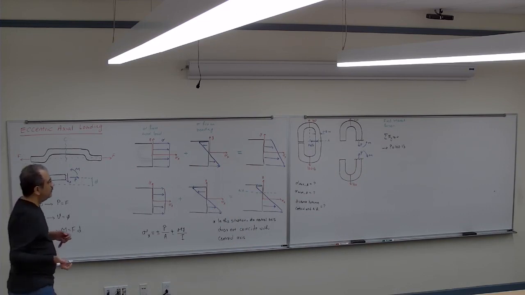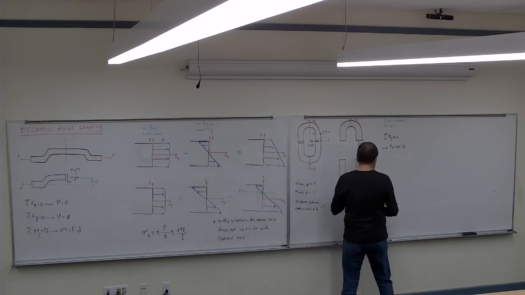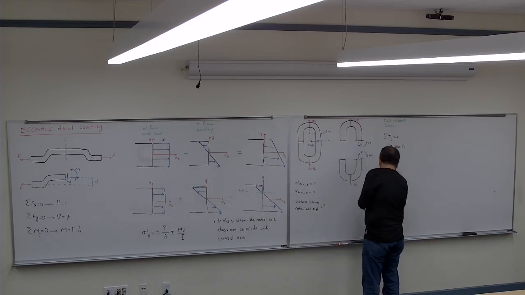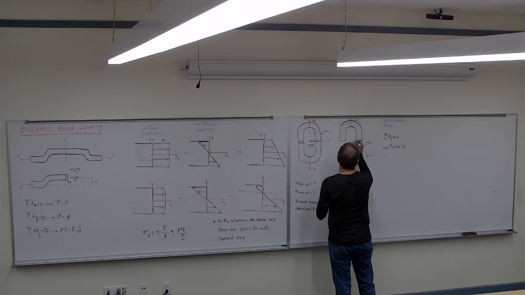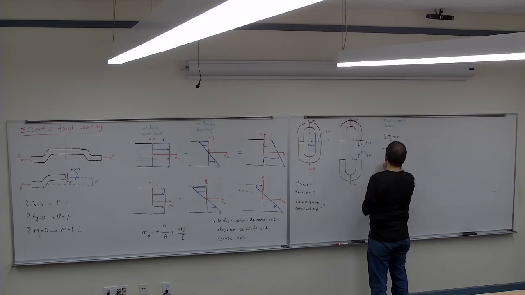Then I can go ahead and say M, and this is the A. The next step, sigma M about A is 0.